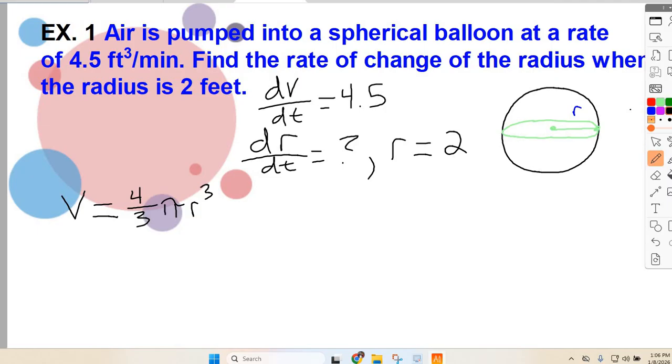Okay. So what would our derivative be? We need to take the derivative of the equation first before we can start plugging stuff in there. dV over dt equals 3r squared, and we need to multiply that by 4/3 pi.